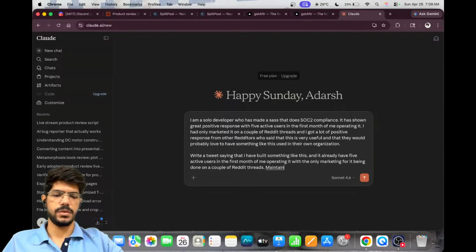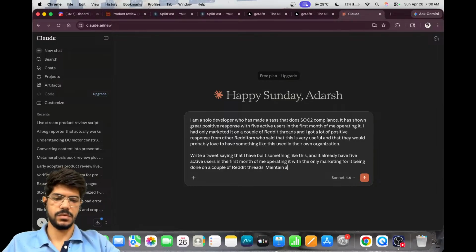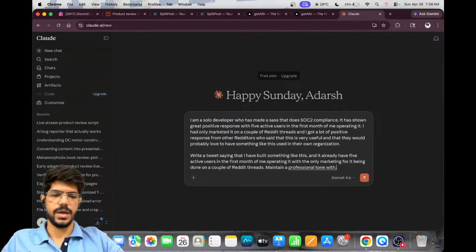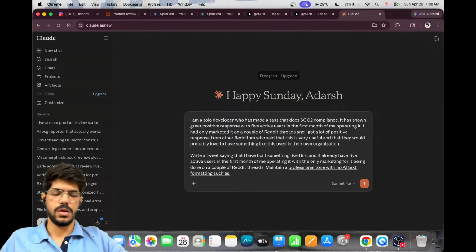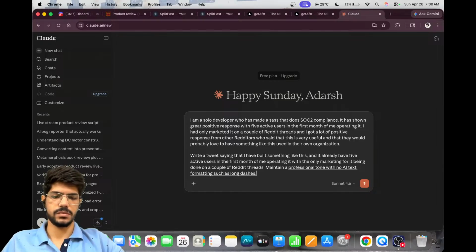Maintain a formal, professional tone, with no AI textual formatting, such as long dashes, or buzzwords that feel too generic and AI-ish.